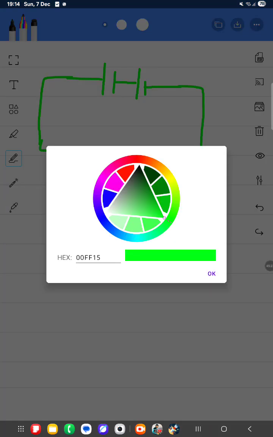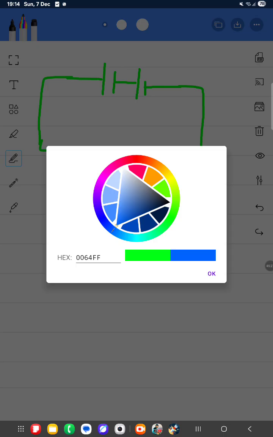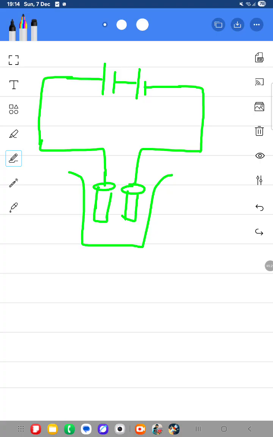The color is not good. Wait, here it is. I want to explain you it very deeply. So now it is done.